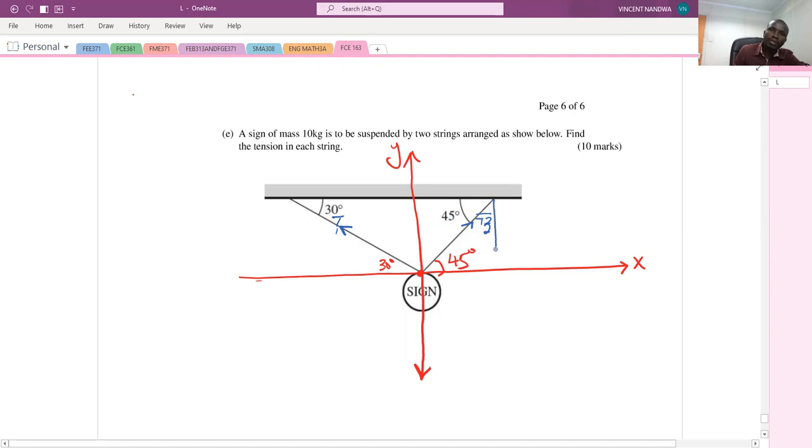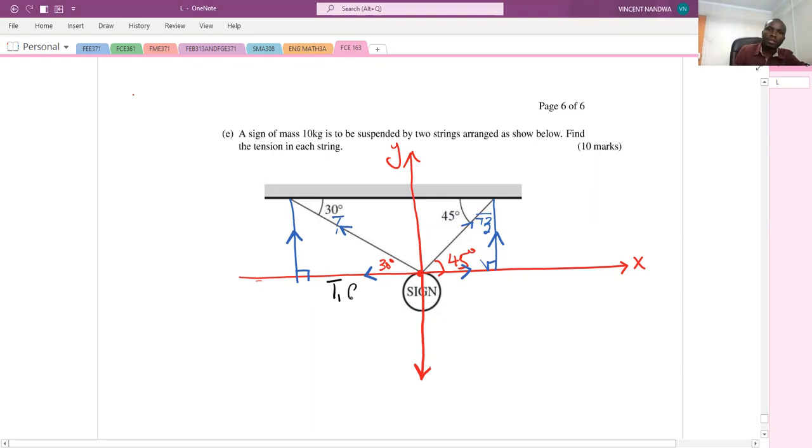then if I draw a right angle triangle here, this will be the direction of this force, this vector. So this will be T1, tension in this string, because this is the length or the size of this force.